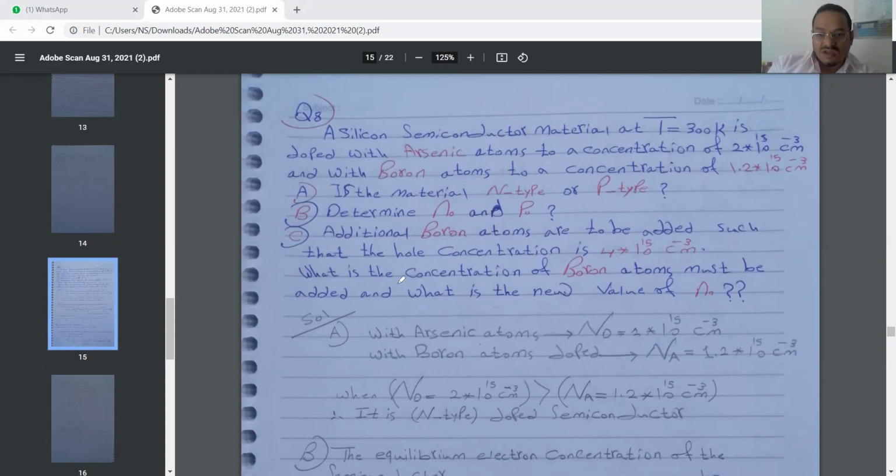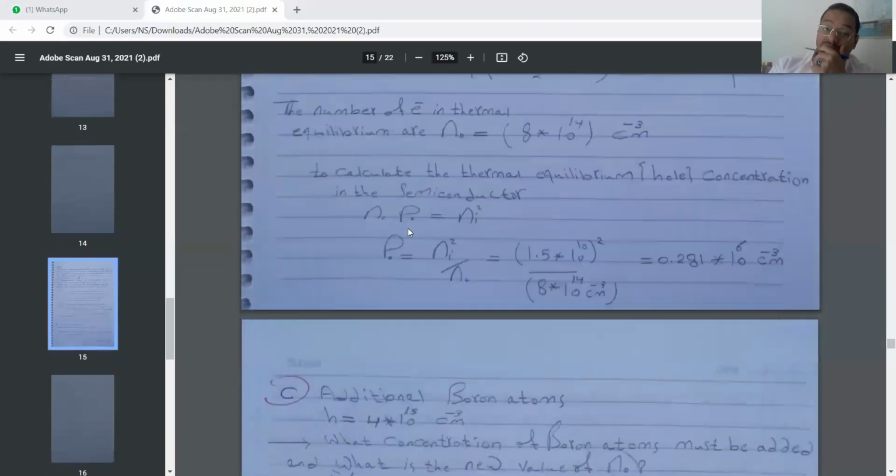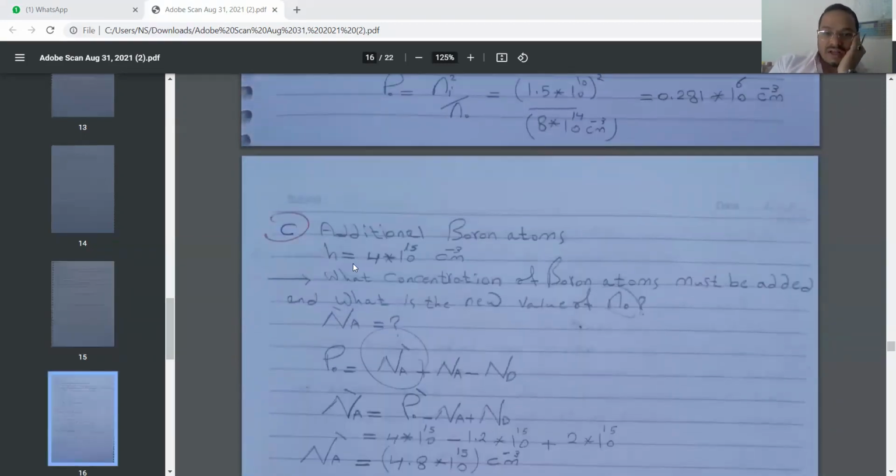After that, what concentration of boron atoms must be added, and what is the new value of n naught? That means the new electron concentration, n naught dash. Let's solve it together. Additional boron atoms.